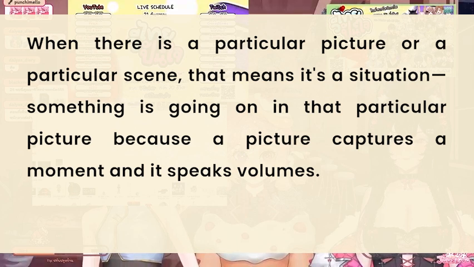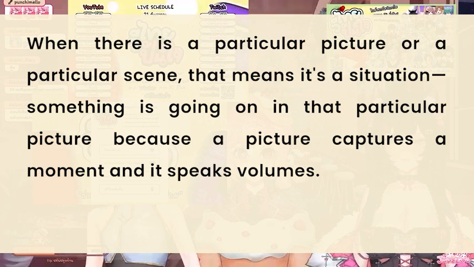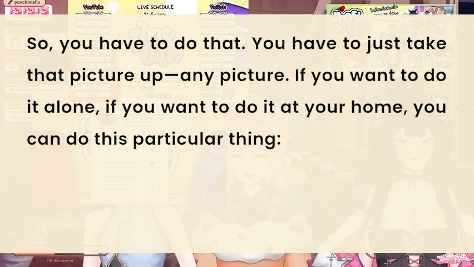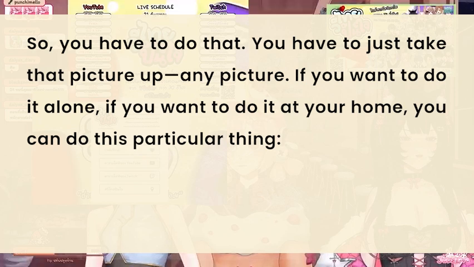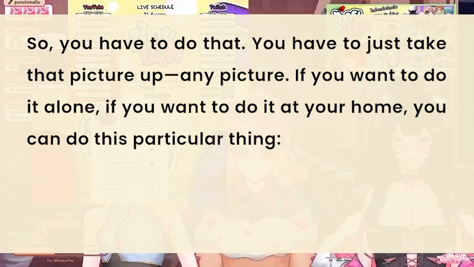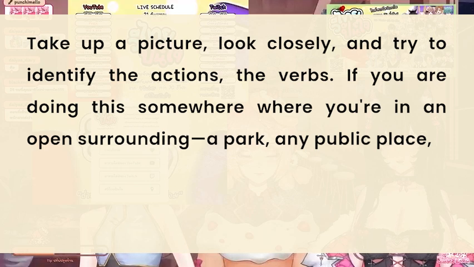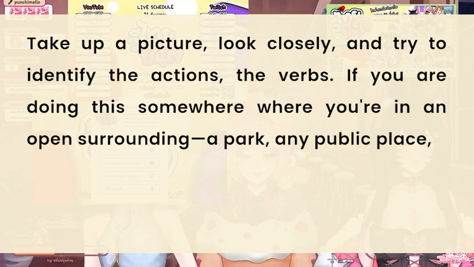Something is going on in that particular picture because a picture captures a moment and it speaks volumes. So, you have to do that. You have to just take that picture up. Any picture. If you want to do it alone, if you want to do it at your home, you can do this particular thing. Take up a picture, look closely, and try to identify the actions, the verbs.